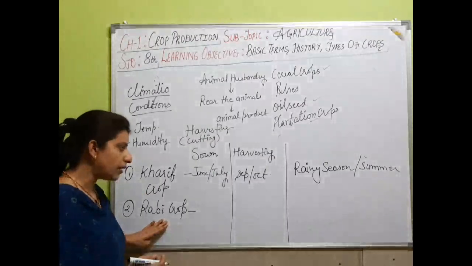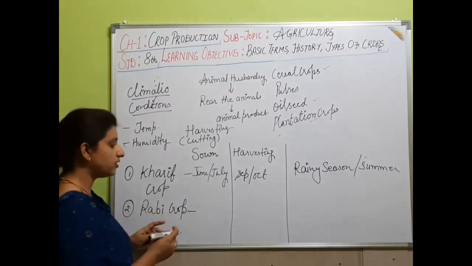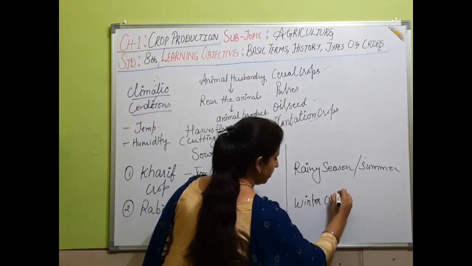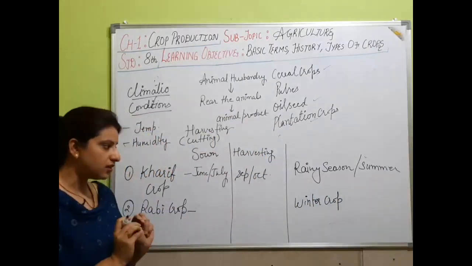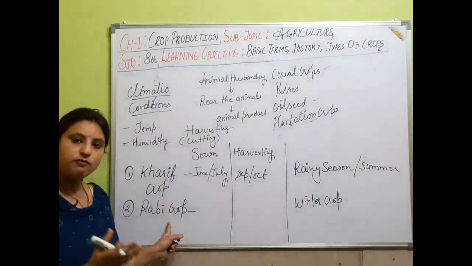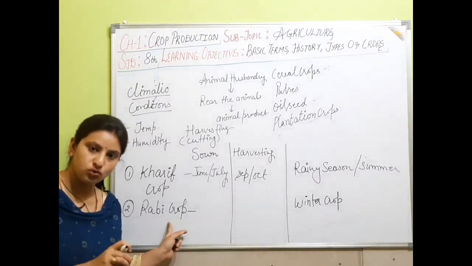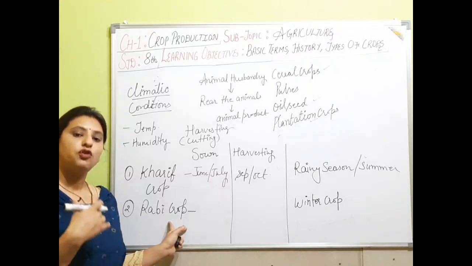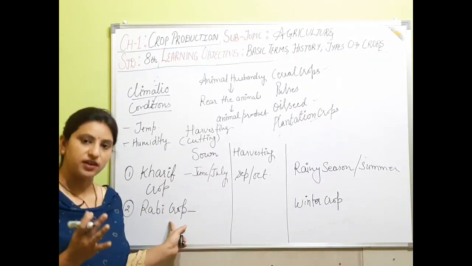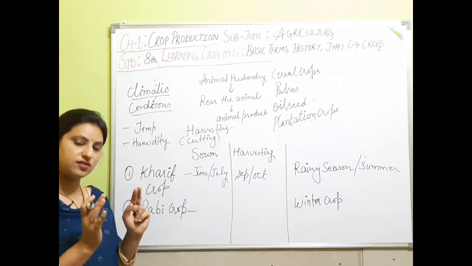And if we go for the Rabi crop, then it is the winter crop. So there is a little bit of difference in it. This crop requires some warm conditions to sow the seed, but for the maturing of those crops it requires some cold conditions. How?